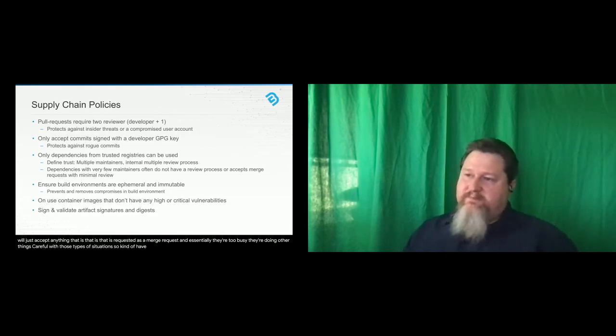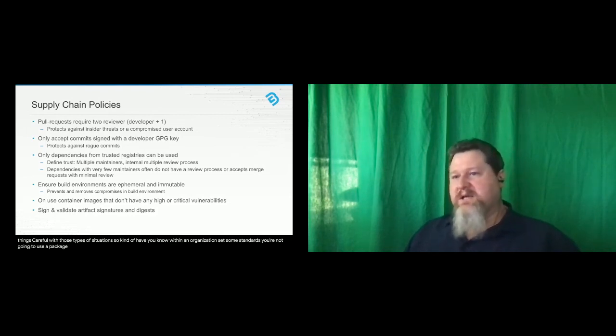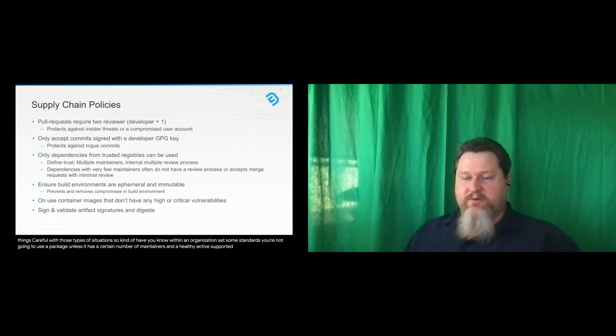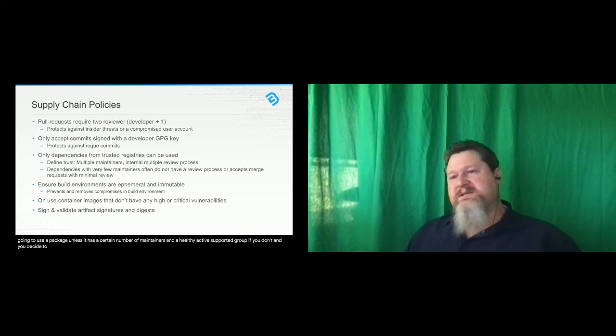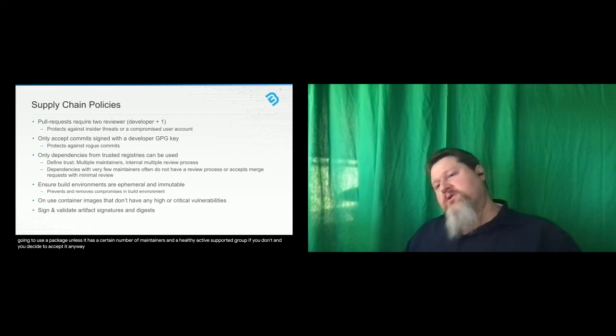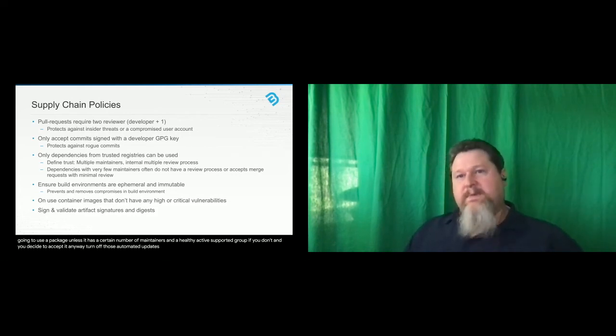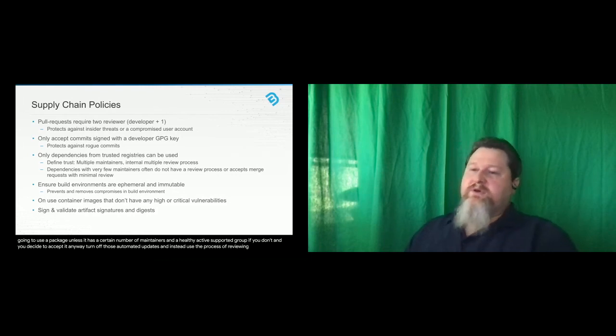So within the organization, set some standards. You're not going to use a package unless it has a certain number of maintainers and a healthy, active, supported group. If you don't, and you decide to accept it anyway, turn off those automated updates and instead use the process of reviewing those changes yourself.